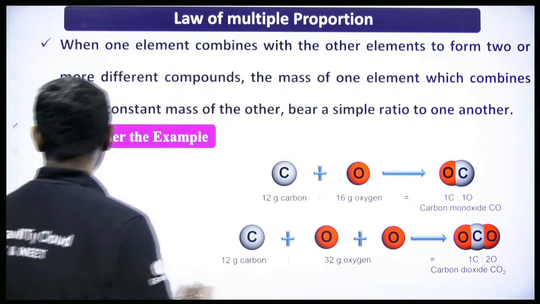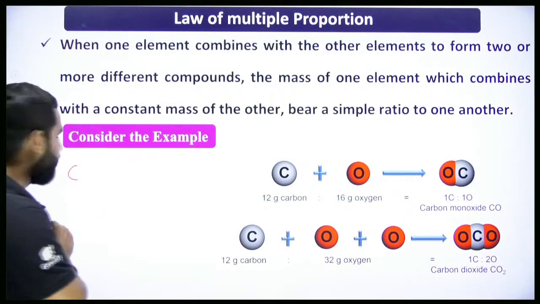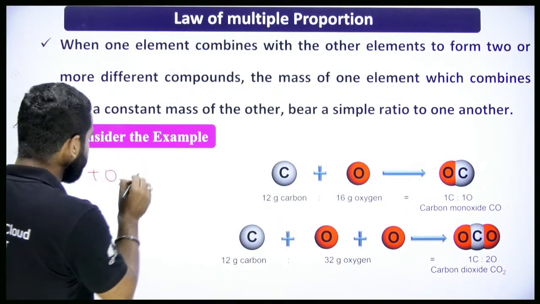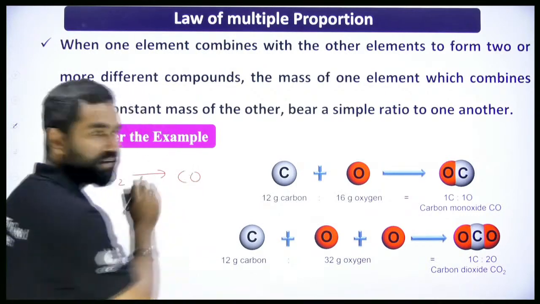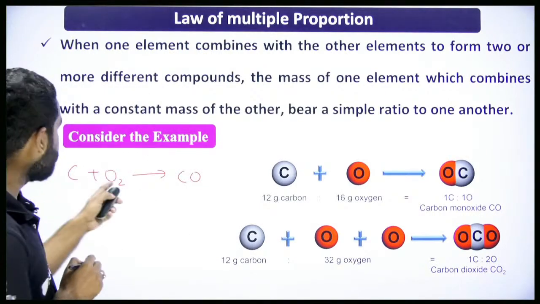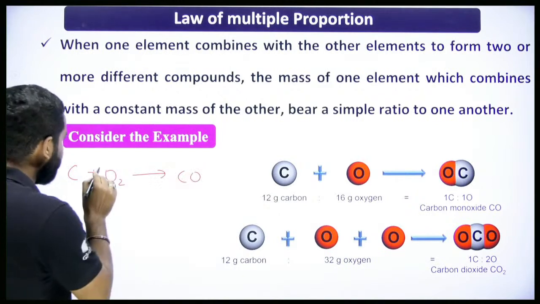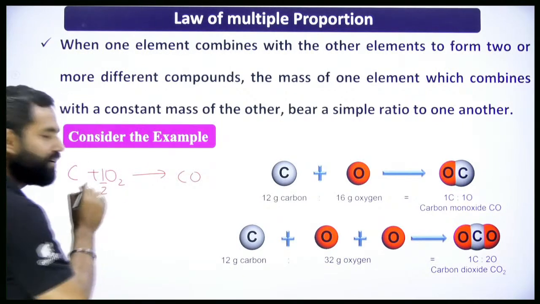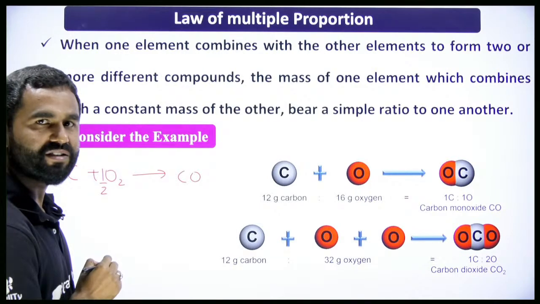Right? For example, suppose we have carbon here. Now carbon reacts with oxygen to give carbon monoxide. Carbon reacts with O2 to give CO. So I will balance it here. This is my balanced chemical reaction, right?